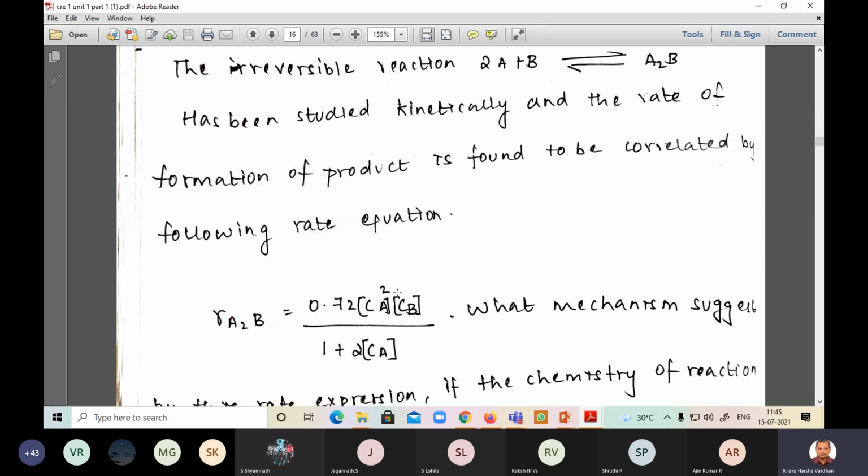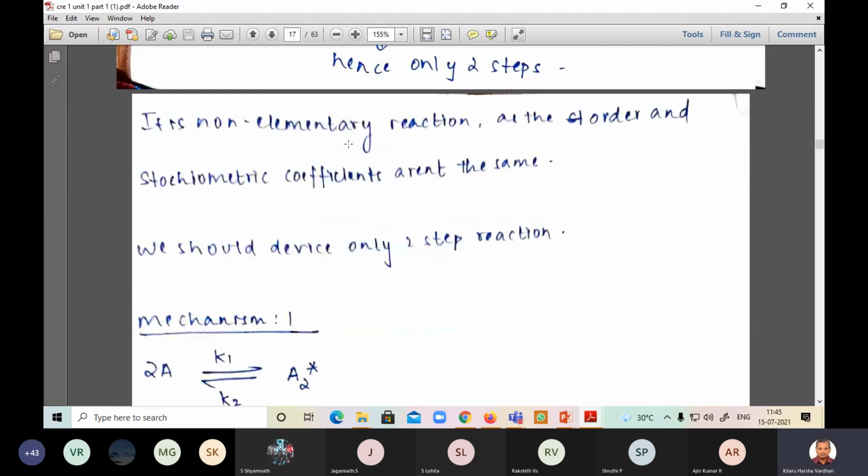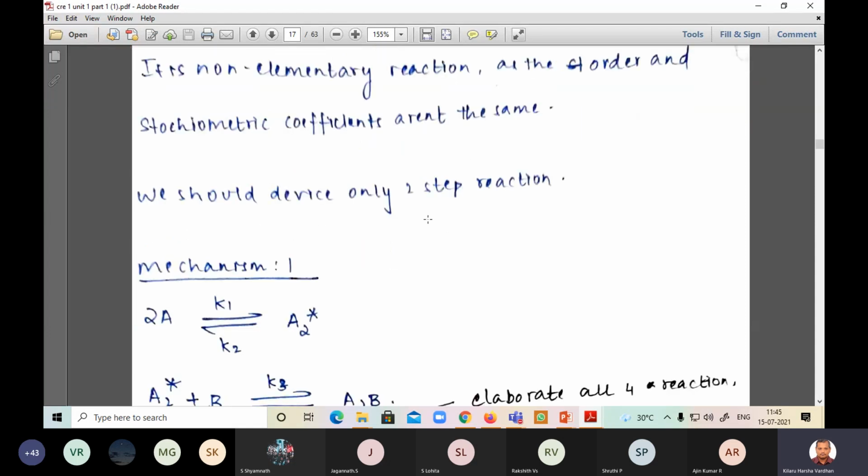But if you see the rate here, the order is 2 and 1, but there is also a denominator term. So we know from this that it is a non-elementary reaction. For a non-elementary reaction, it's asking how to find this rate, what mechanism we have to devise. So we should devise only 2 steps. Let us devise 2 steps.